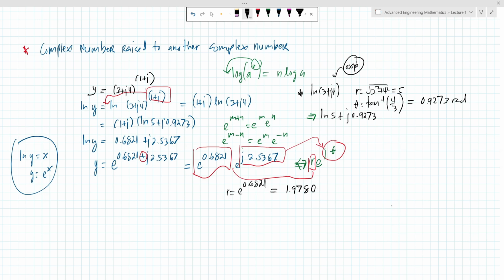And take note, if this is our j theta, then our theta here is 2.5367.